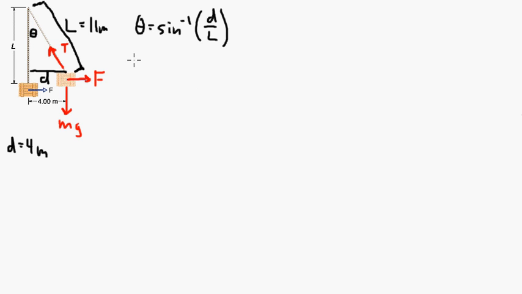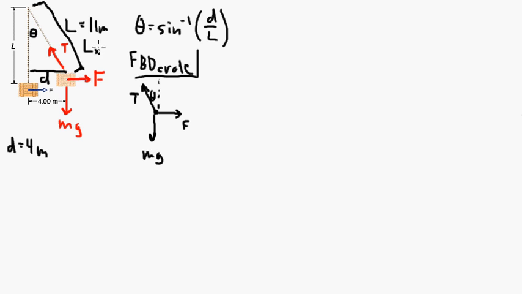Now we've got our little FBD for the crate. Let's draw the tension in the rope at an angle theta from vertical. We've got the applied force F there, and we've got mg going down. I'm going to do my x and y like that.